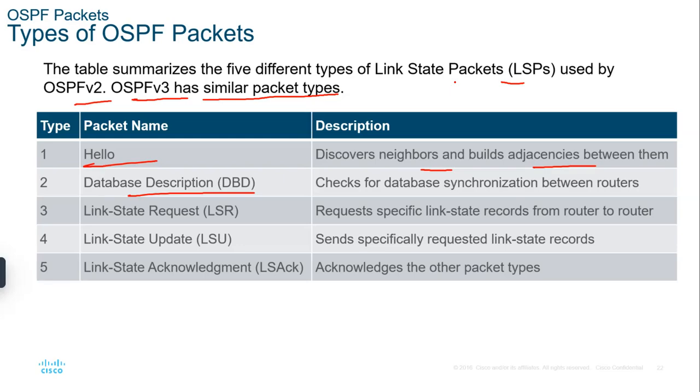In case a link is down, the router where the link is will not wait for the other router to request information on a specific link. It can send the update. The link state acknowledgement is all about acknowledging the other packet types. So where there is an update, we expect the acknowledgement to happen.